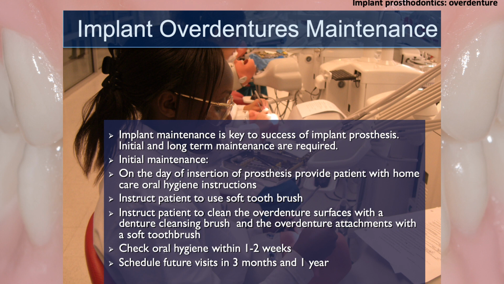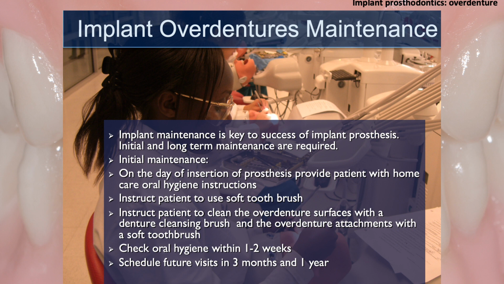Apart from what the treatment involves for implant overdentures, you should definitely know about maintenance, because maintenance, as with everything in dentistry, is a key to success of implant treatment.